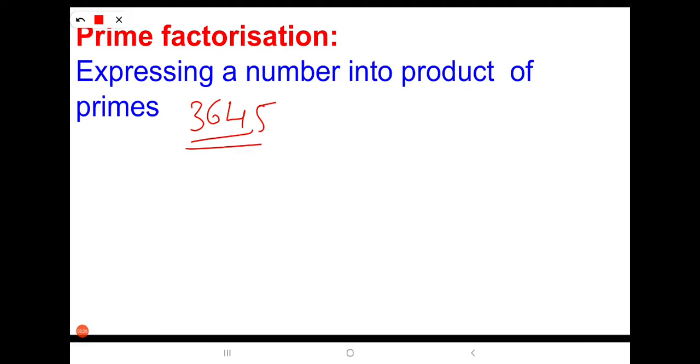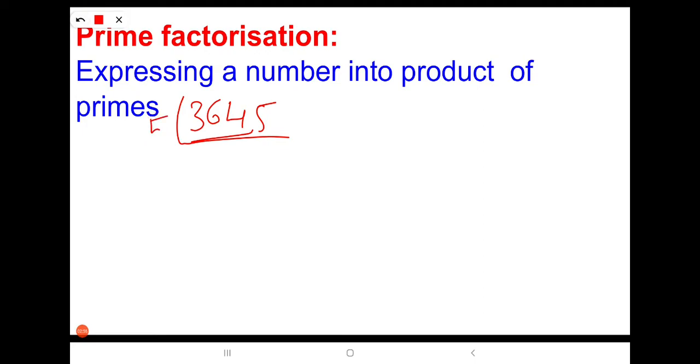As I told you, factorization is nothing but splitting the number into a product of other numbers. Let's see this 3645. As we do for LCM, follow the same here.